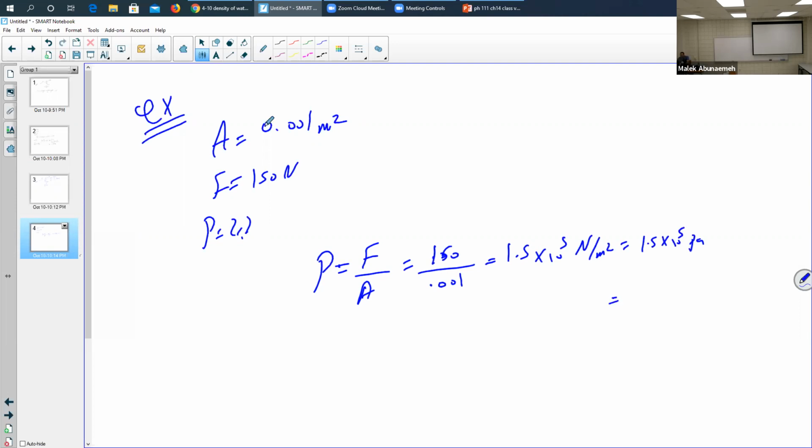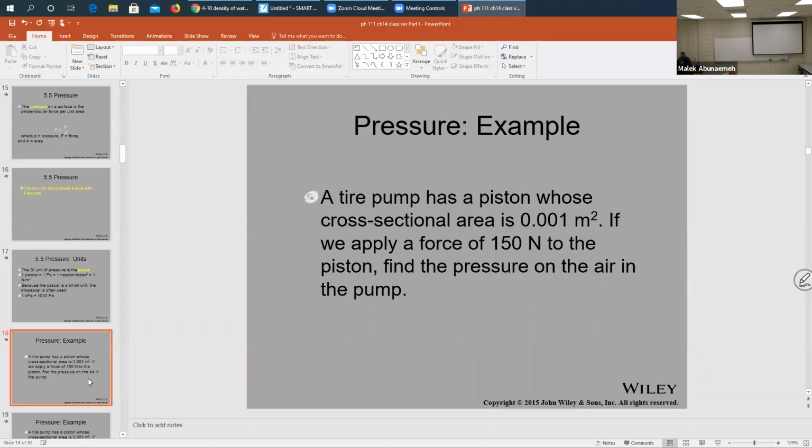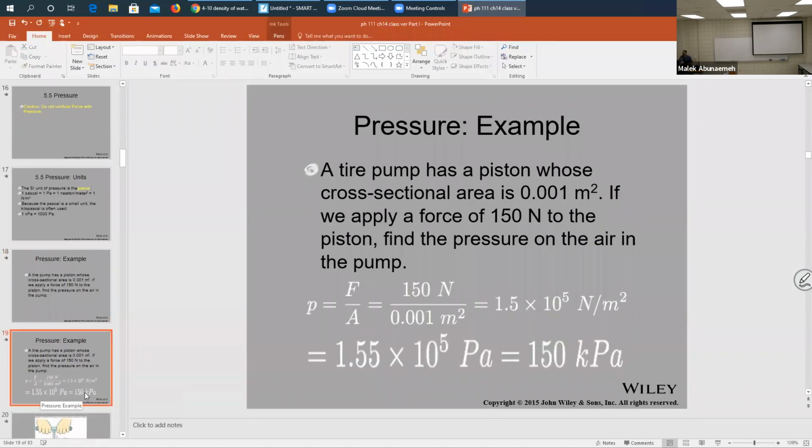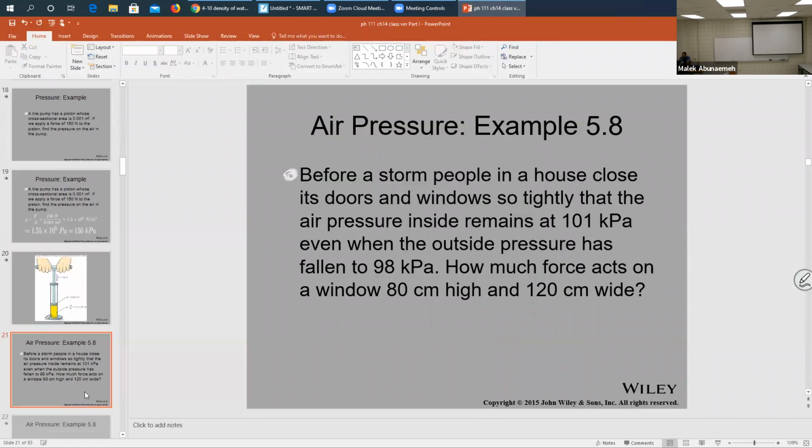Or if you want it in kilopascals, it'd be 150 kilopascals. Let's check if our answer is correct. And like we did, it was correct. It was your force over area, which is 150 divided by 0.001, so it's 150 kilopascals. Let's do another example, shall we?